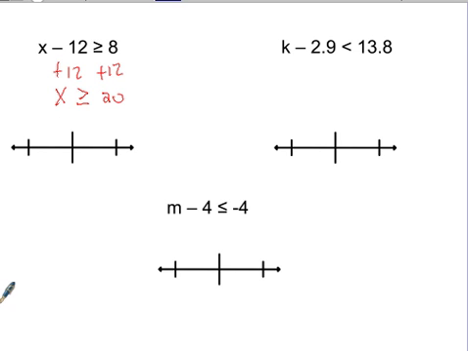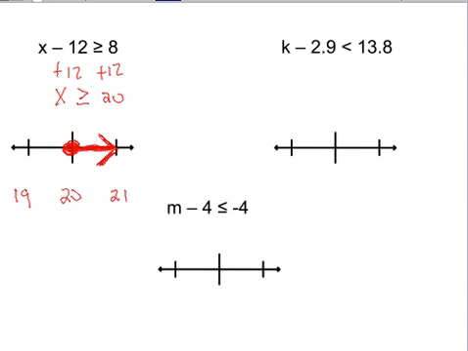When the equal sign is with it, which one do you use? The enclosed dot. So if I label my number line and my number here in the center is 20, I would make this one 21 and this one is 19, right? So I would put an enclosed dot at 20 because it has the equal sign, and x has to be greater than 20, so I would shade this direction. Shade greater than 20. Does that make sense?